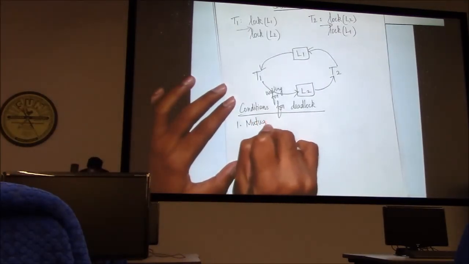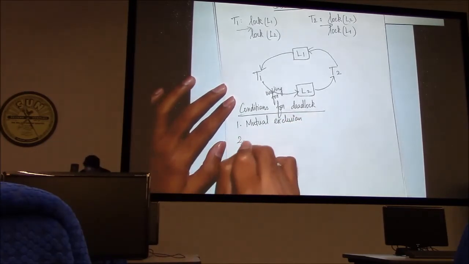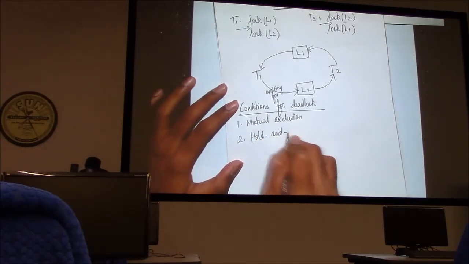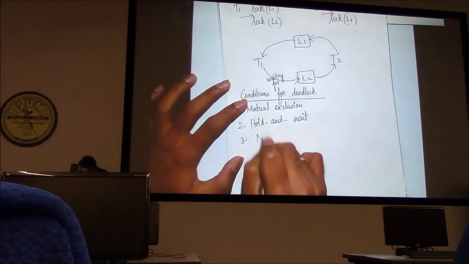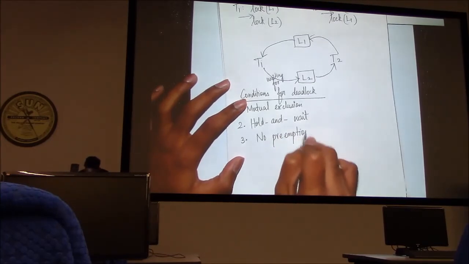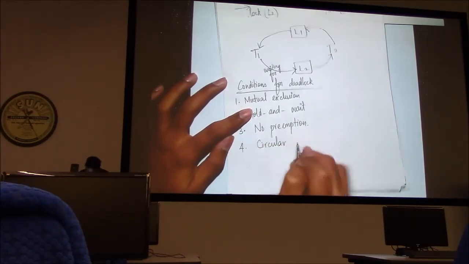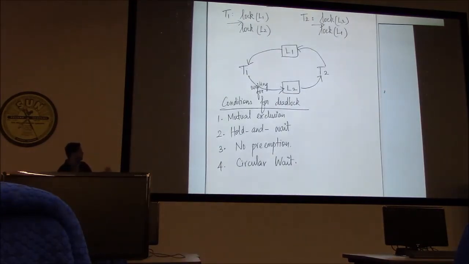The second condition is hold and wait. The third condition is no preemption. The fourth condition is circular wait. And just to make sure, all these are essential conditions for a deadlock to happen.